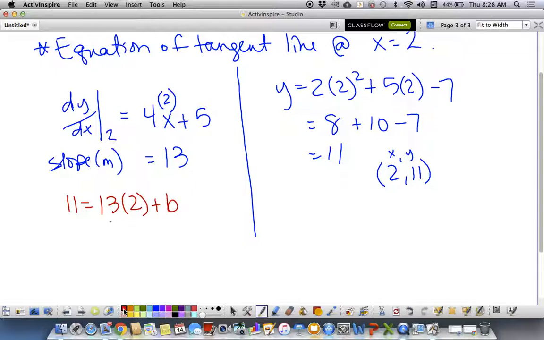Solve. 26, so subtract 26. b equals negative 19. Or you can go here and say y minus 7 equals 13 times x minus 2.